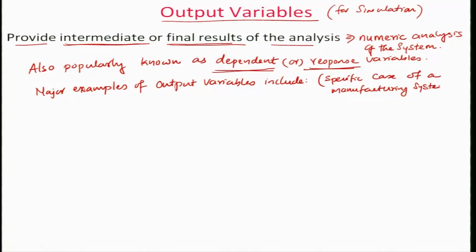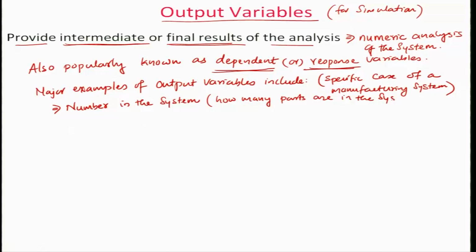For that case, some of the output variables included are, first, the number in the system, which tells you how many parts are in the system. You are answering that question, most commonly known as number in system. So, it is an example of an output variable.